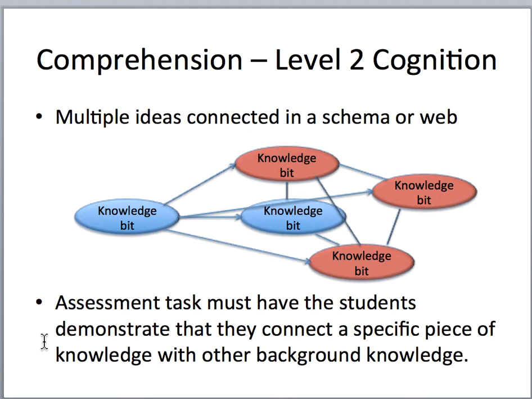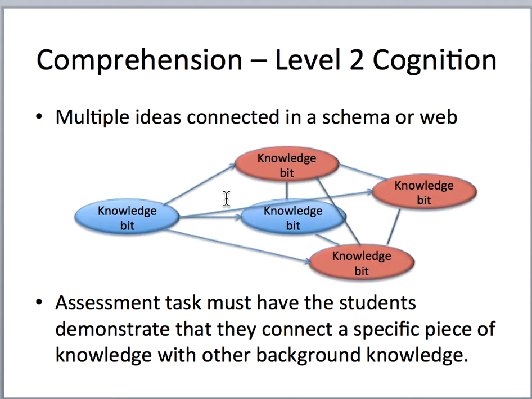So when we talk on the first day we meet about the differences between assessing at a recall level and assessing at a comprehension level, there are different degrees of this. You will also have to decide not just what level, but how far into that level you really want to be.